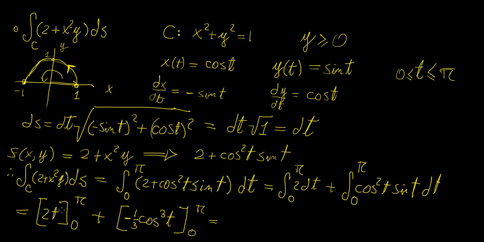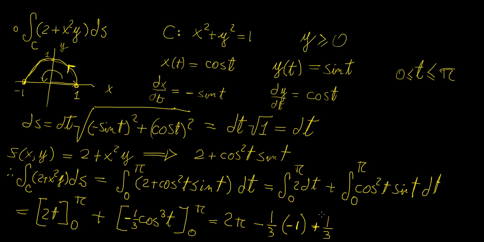So let's see what this gives us. Well, here we're just going to have 2 pi. We're going to have minus 1 over 3 of cosine to the power of 3. So cosine of pi is just going to be minus 1. So we're going to have minus 1 to the power of 3. That's still minus 1. Actually, this is going to be positive because we're going to have minus here.